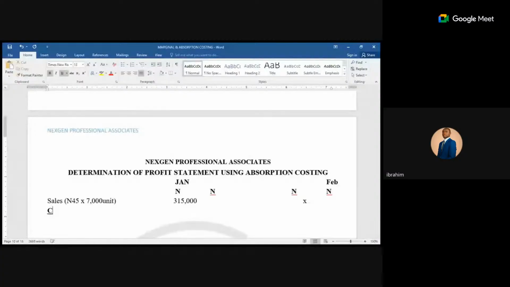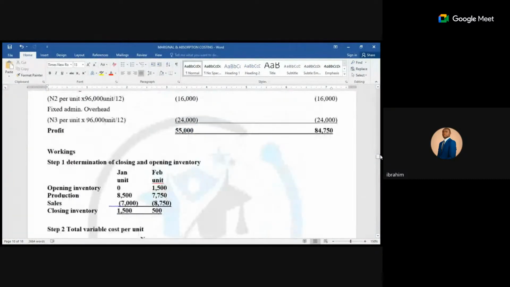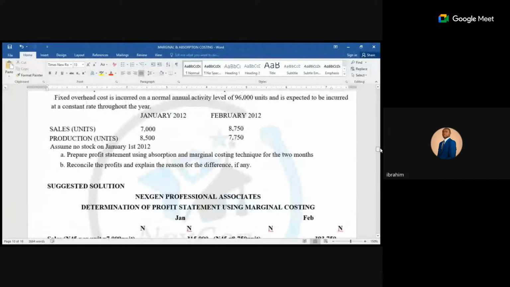So we have here the cost of sales. The opening inventory, right? We're told from the question that there is no opening inventory as at January.